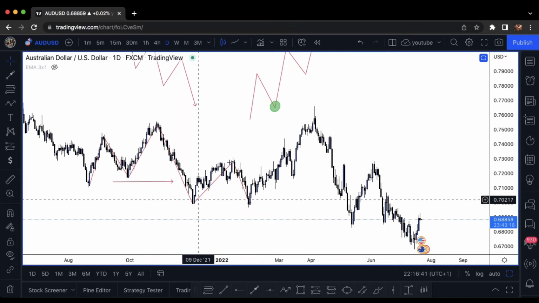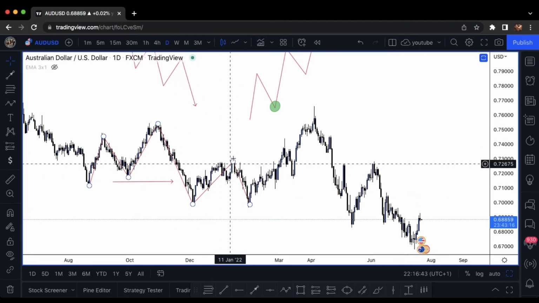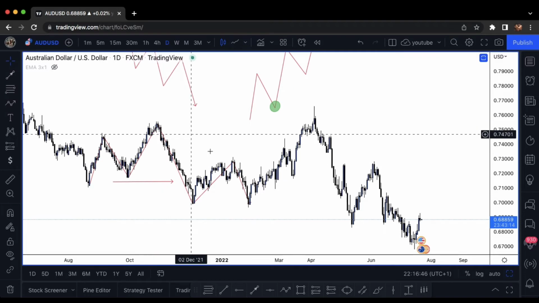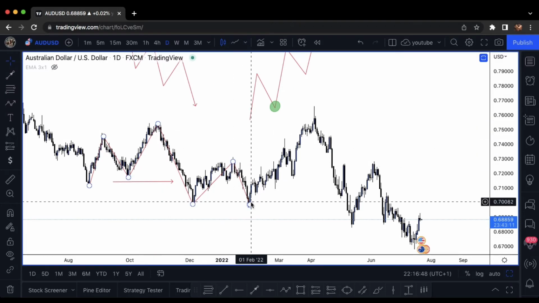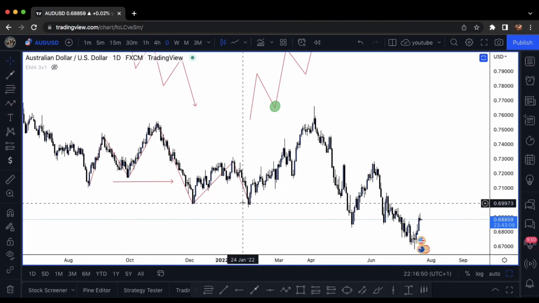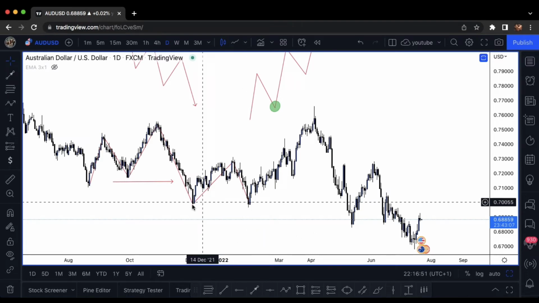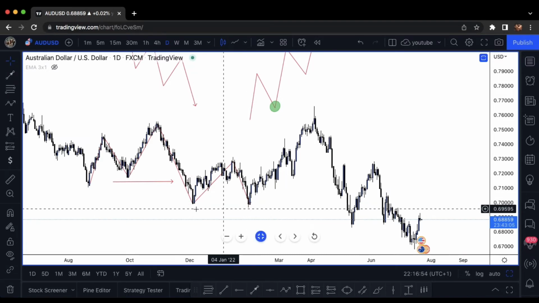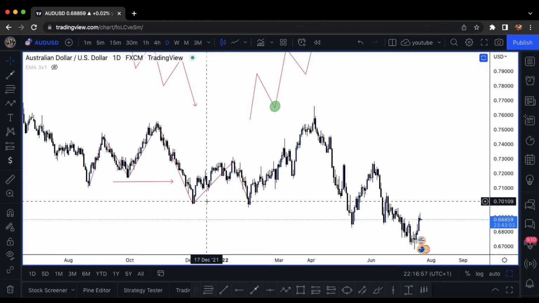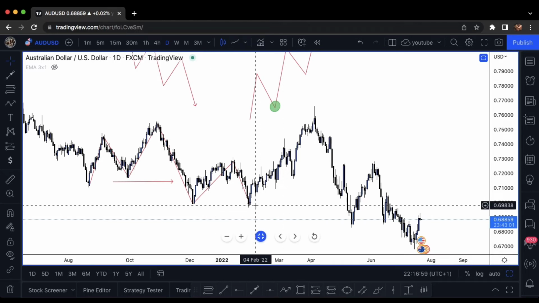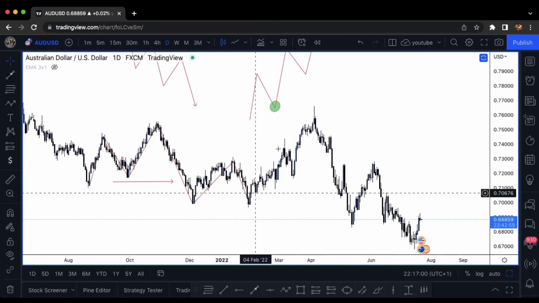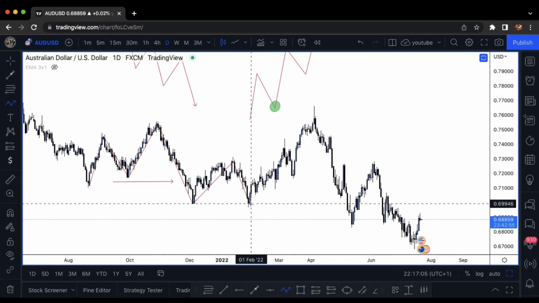Therefore, that's a market structure shift, and then it came back up and made a lower high, and that's when we enter and take it for a sell. And in this scenario, price came only to the equal low, so it made an equal low. When it does that, that's when you wait and see, will it continue, will it reverse, what will market do? And then from here, this would be our low.